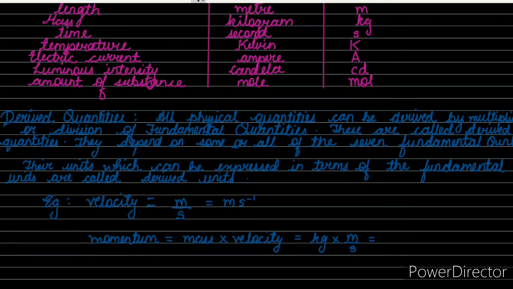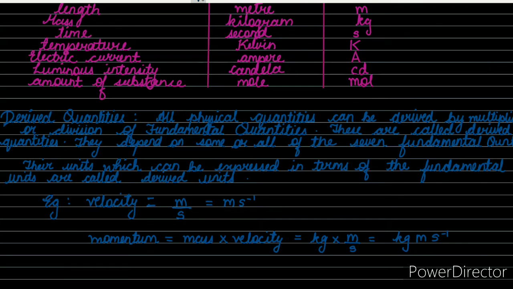So the multiplication of these gives the unit for momentum, that is our derived unit, kilogram meter per second. Hence we call momentum a derived quantity. This kilogram, meter and second come under fundamental quantities. Hence we can conclude that derived quantities are dependent on fundamental quantities.